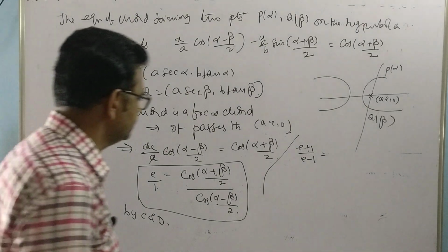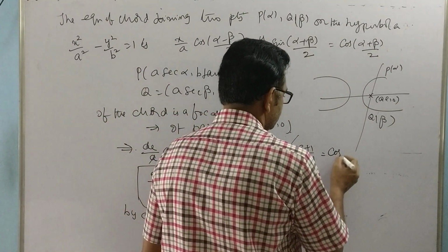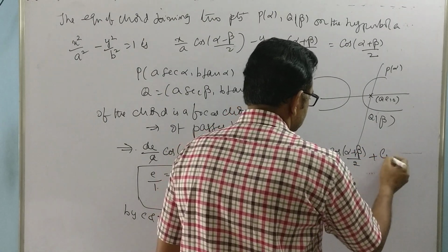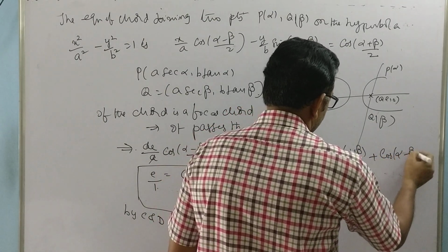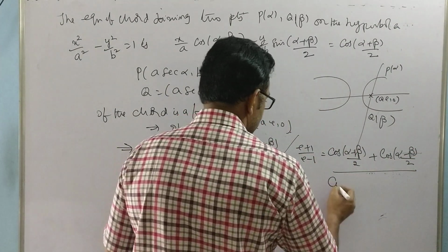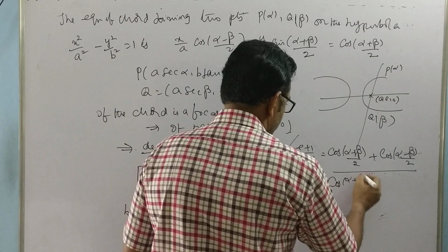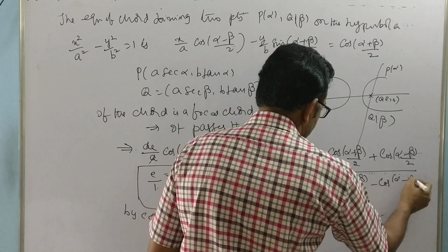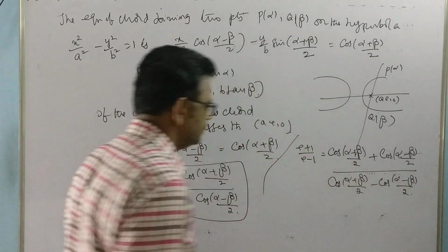E plus 1 by E minus 1 equal to cos of alpha plus beta by 2 plus cos of alpha minus beta by 2 by cos of alpha plus beta by 2 minus cos of alpha minus beta by 2.